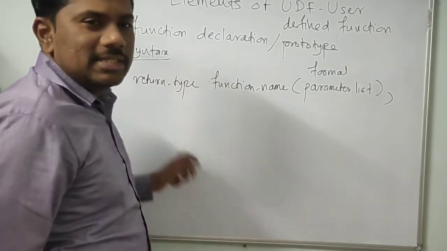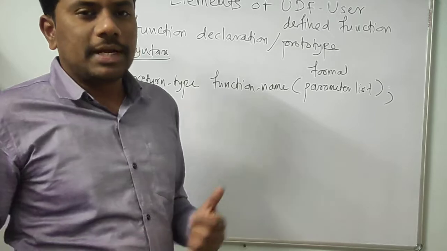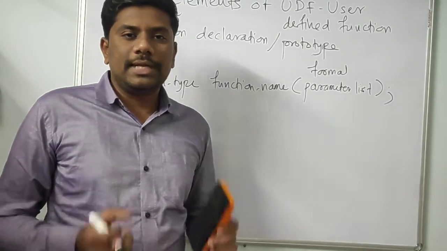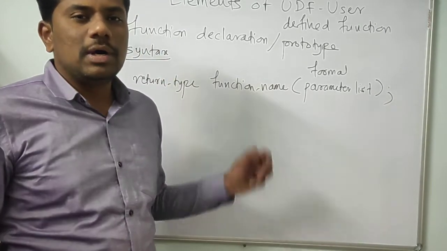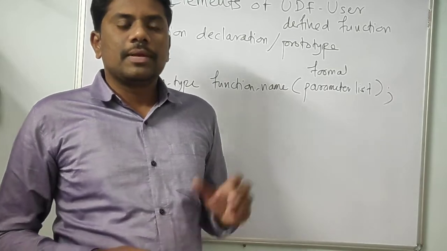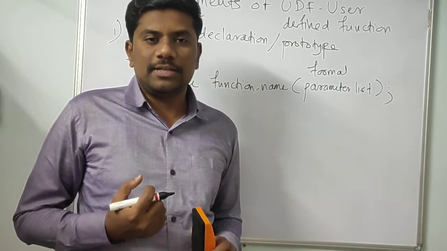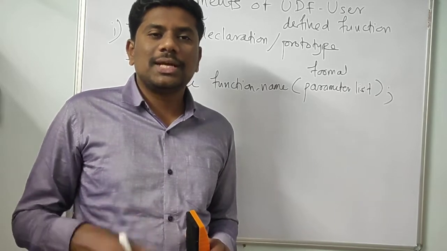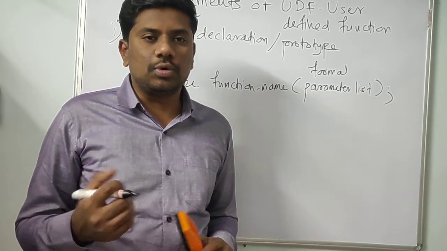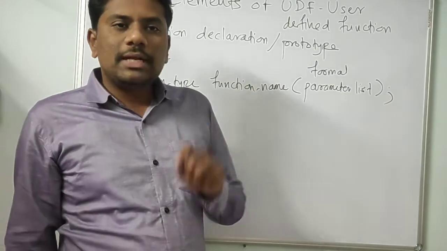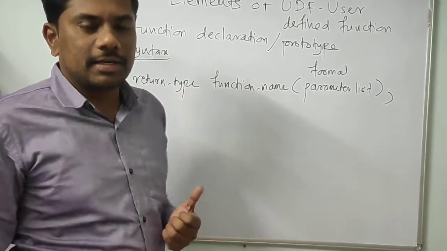Now what is return type? You know that the variables have data type, so functions have return type. Function is going to accept some values as input, as well as function can return some output. The type of that output is nothing but the return type.